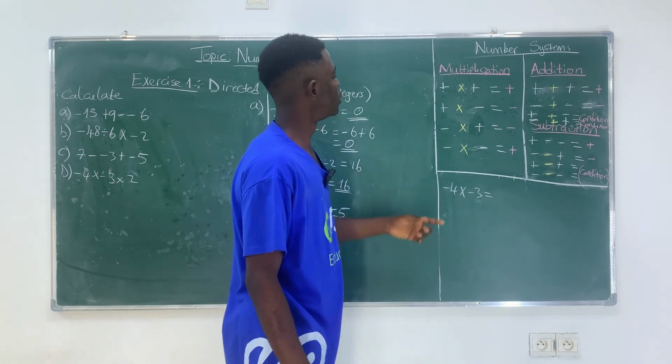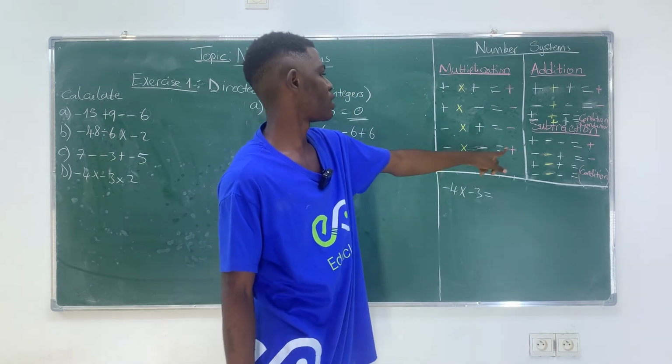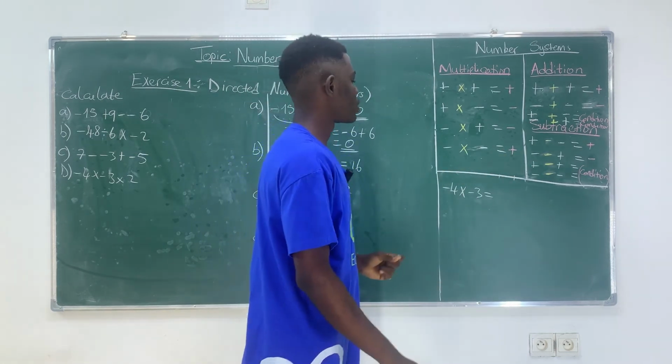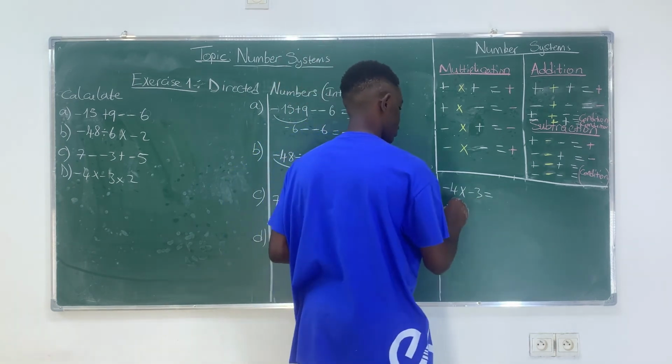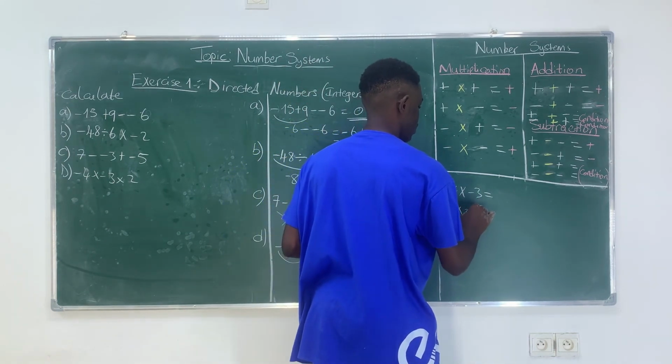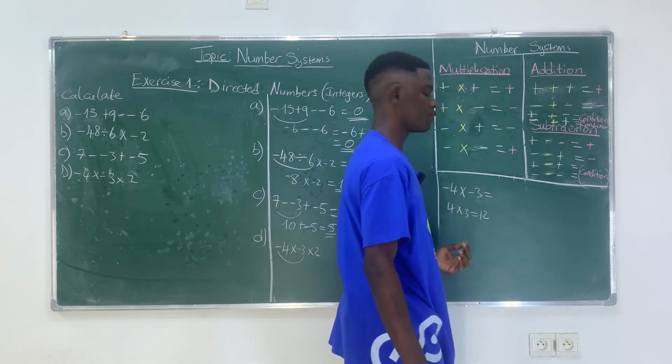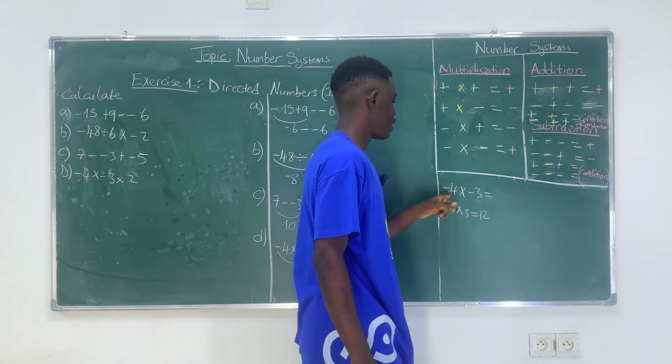We know that minus times minus gives a positive answer. So you just multiply your 4 times 3. What is 4 times 3? It's equal to 12.